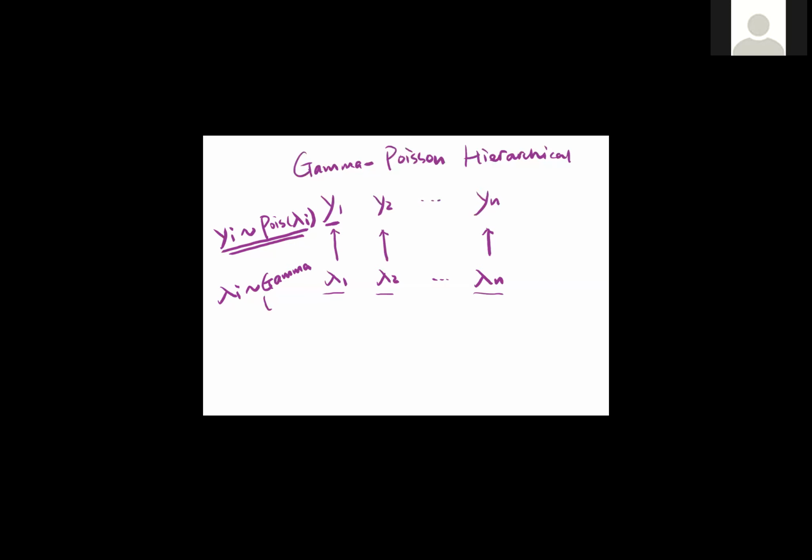So here, a standard practice is having the 2 parameters, alpha and beta, and putting 2 different gammas for these 2 parameters, because these 2 parameters need to be non-negative. I should say they need to be positive. That's why it becomes a standard practice that people put gamma on those parameters.